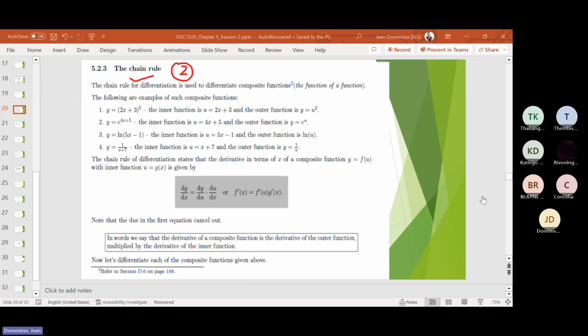Let me just sort out my second screen quickly. I'll be back in 2 minutes.